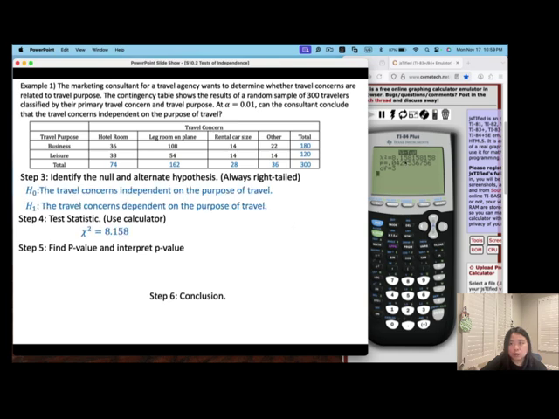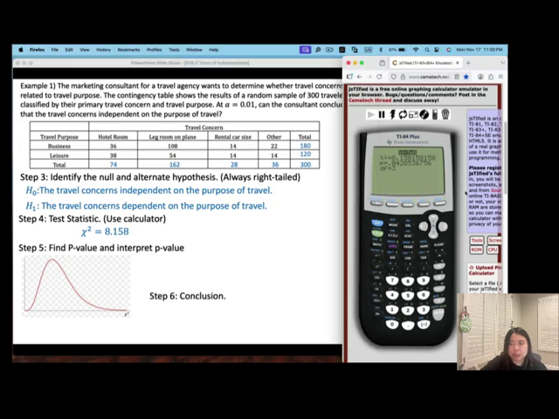Okay, 8.158. You can write down the p-value to double check your work. Okay, and then you can go back here. Go to the second matrix. You're going to see the B here, right? So go to edit, go to number 2 and enter.